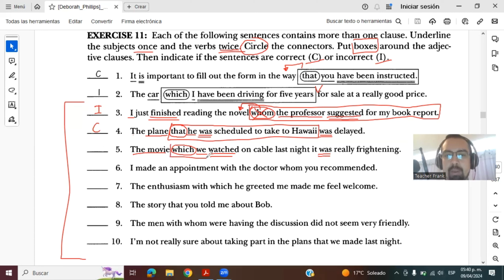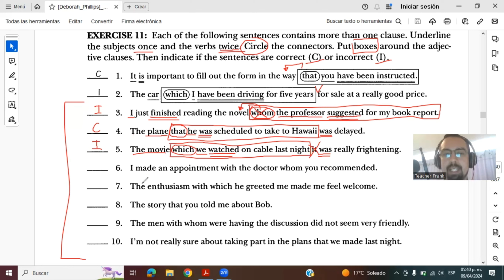So what movie? The movie which we watched on cable last night. Oh, be careful there. Look at that. There we have what? An extra it. Apparently we had all the elements, but because of that, it is going to be incorrect, right? We have an extra it that we need to omit. Yeah, extra subject. Okay, so it's incorrect.